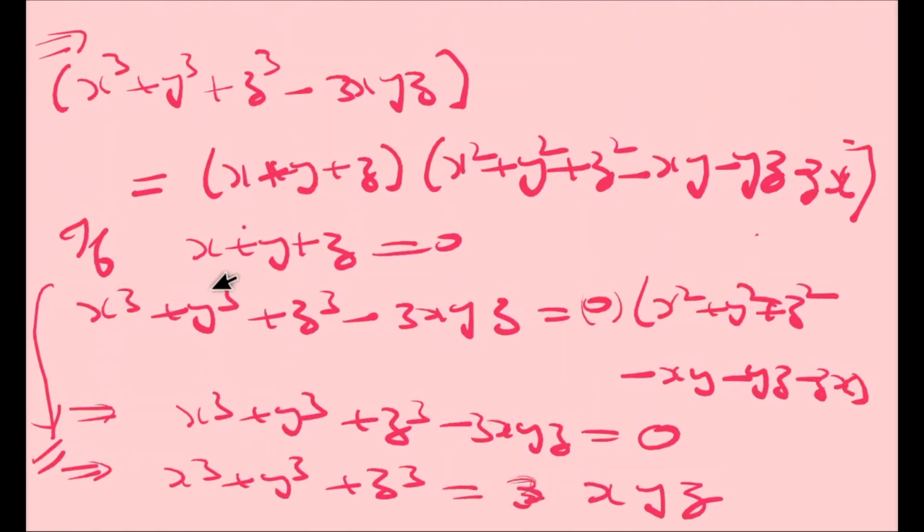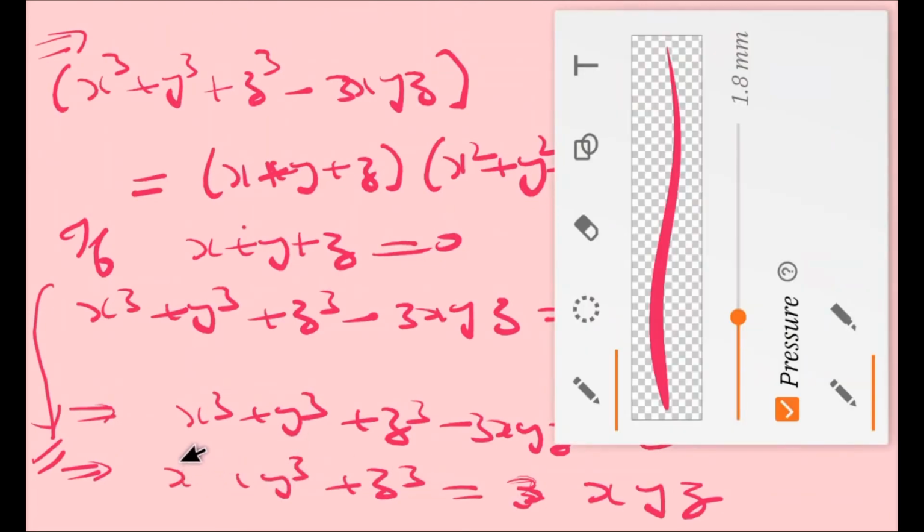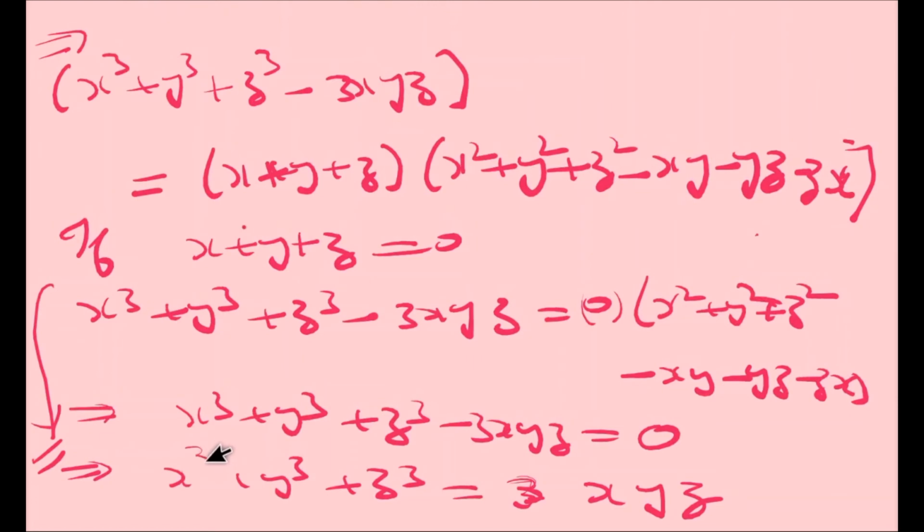So if the condition is x plus y plus z equal to 0, then this is the basic formula. Okay student, so go through all these basic formulas, then we can do some questions.